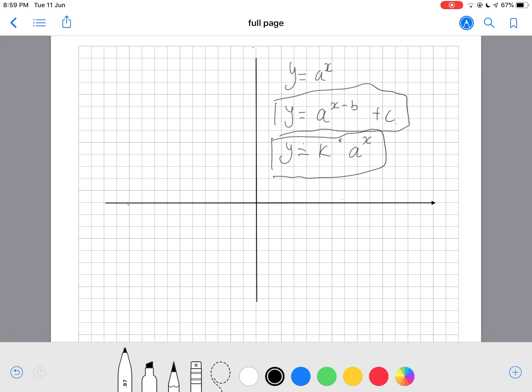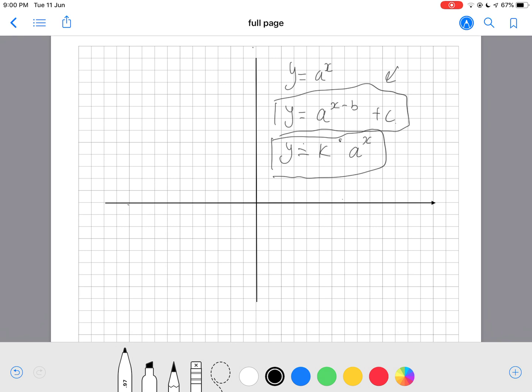So it's really depending on the situation which equation you would use. I'll give an example for both. We'll start off with y equals a to the power of x minus b plus c. So how would you approach this type of question given an exponential?